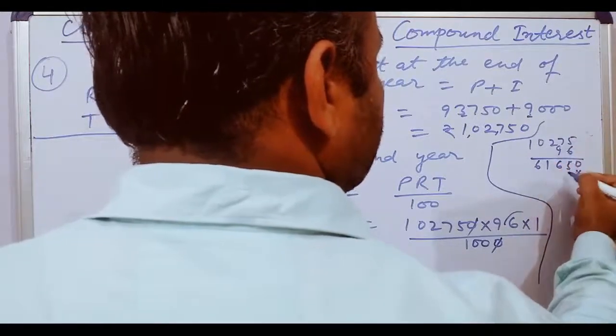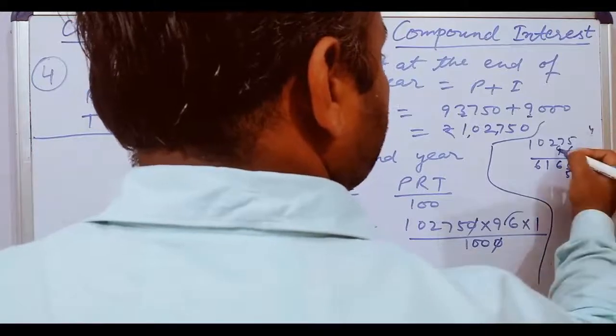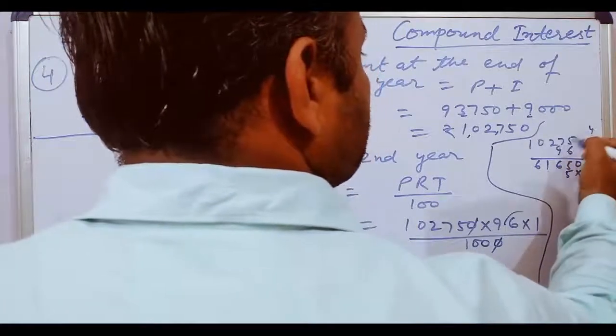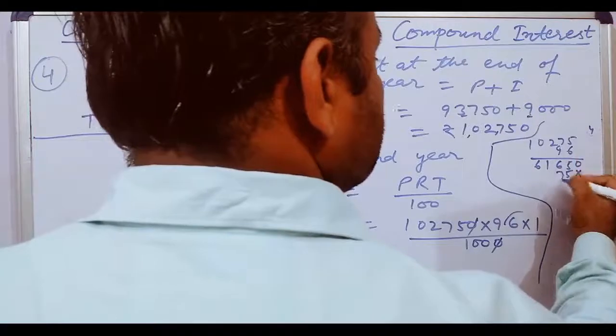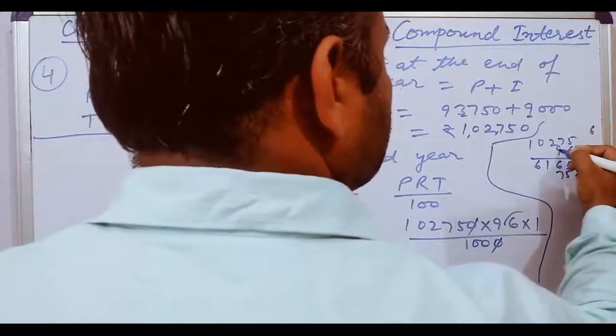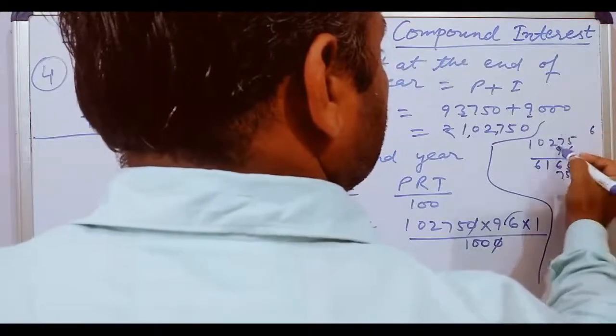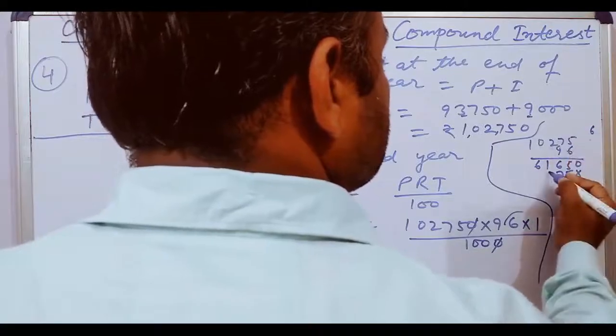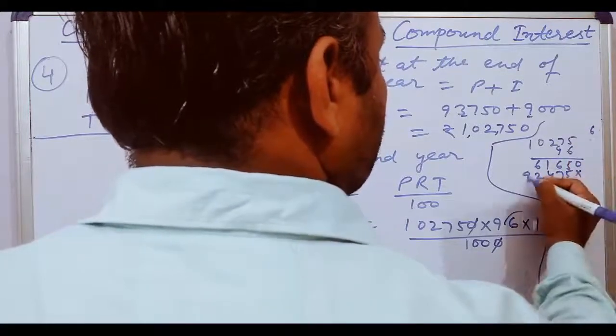Now by 9: 9 5s are 45, 9 7s are 63, 67, 9 2s are 18, 24, 9 1s are 9.